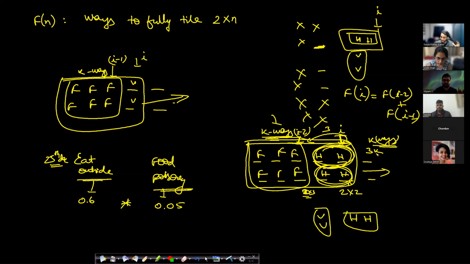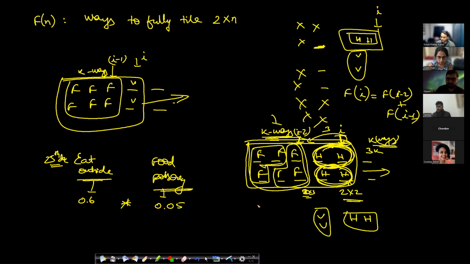Why? Because the previous things, how you have filled it up, in how many ways you can fill domino, tromino, I don't care. In however many ways you filled up, for each of those ways, you are doing this. It is like a for loop where I will say, okay, there are 3 ways to fill this 2 by 2 board.